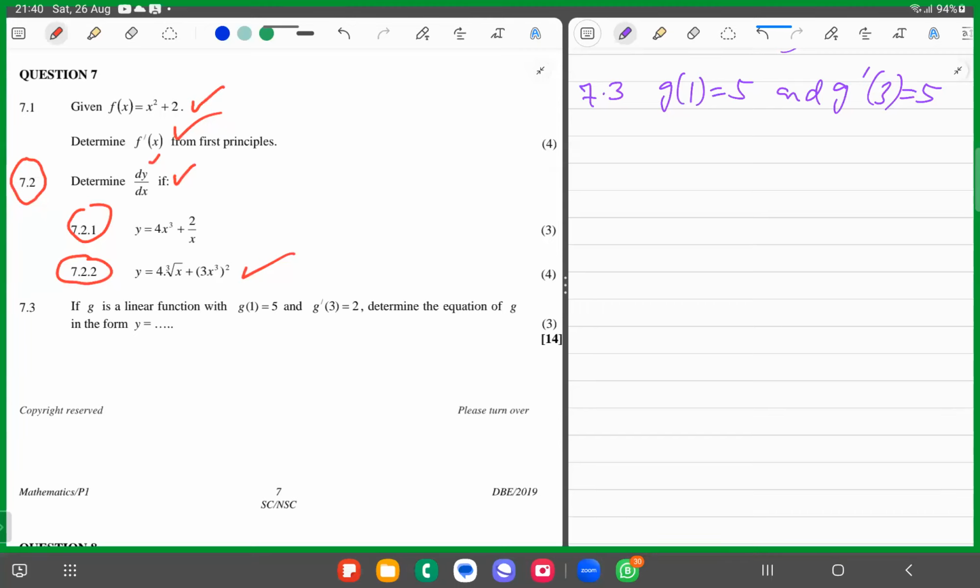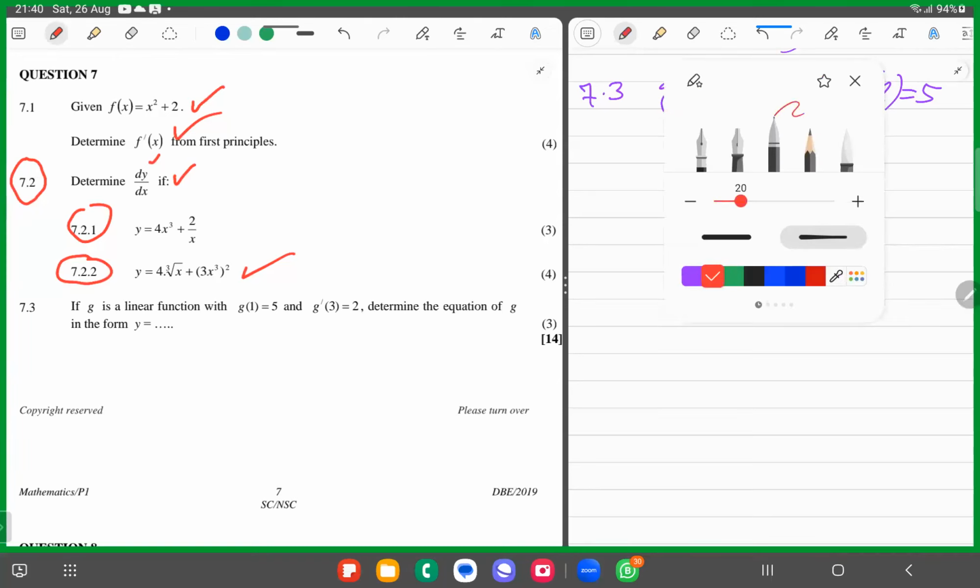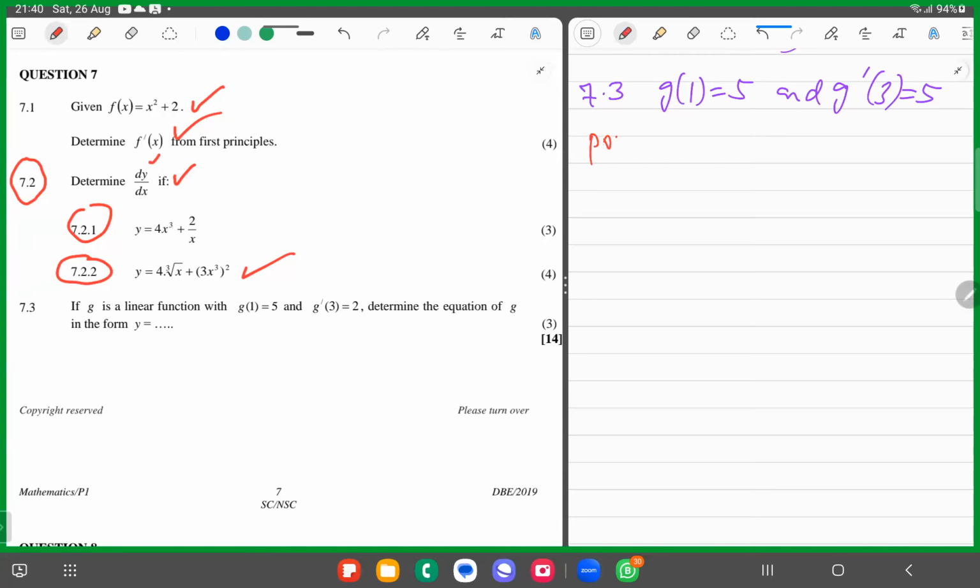Right, so in 7.3, there is a point of contact. Point of contact. x is 1 and y is 5.